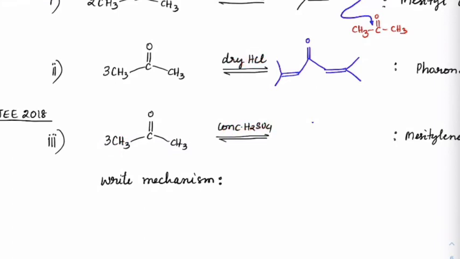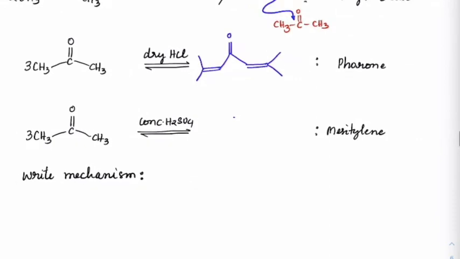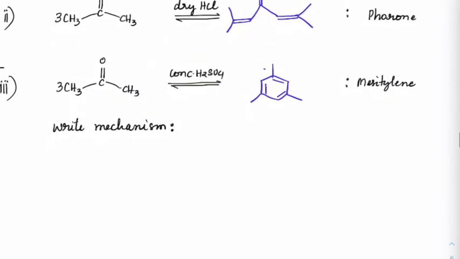In concentrated H2SO4, this 3 moles will also undergo dehydration. So imagine the OH which is forming here, so we can have a dehydrated product this way. So it would form a complete benzene at these 3 positions, and you know that this is what we call mesitylene.